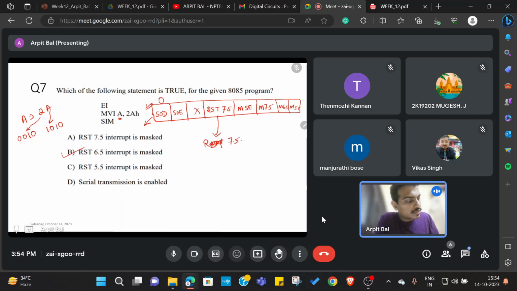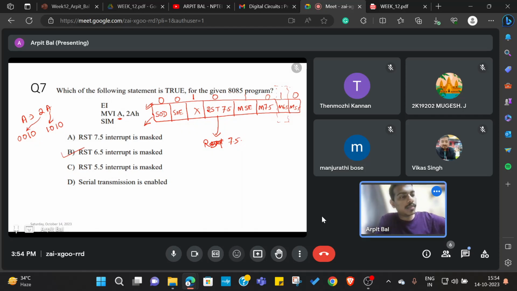So 0 0 1 0 1 0 1 0. You can observe that at the M6.5 location, that bit is 1. So it means the RST 6.5 interrupt is going to be masked.